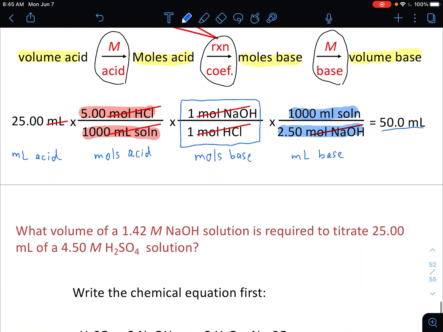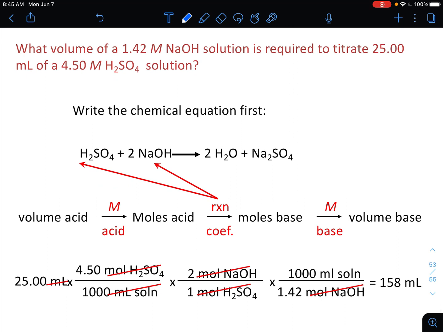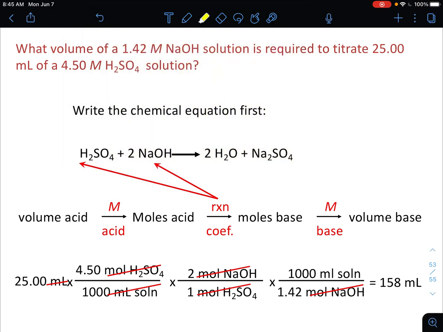So now we're going to change the problem slightly. The question says, what volume of a 1.42 molar sodium hydroxide solution is required to titrate or neutralize 25 milliliters of a 4.50 molar sulfuric acid solution?